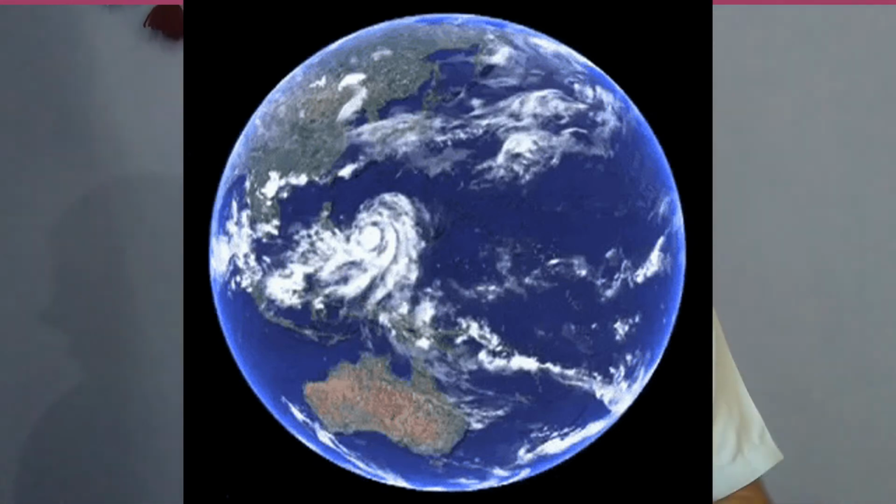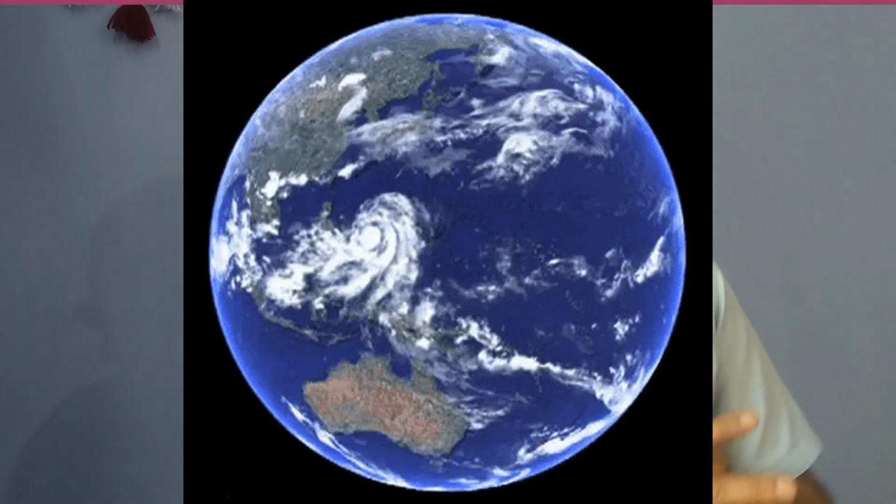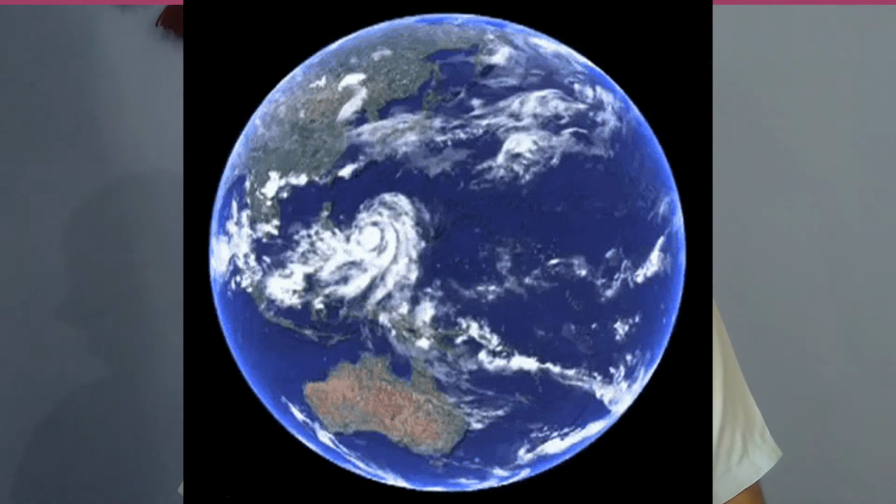These 24 hours carry 360 degrees, 180 degrees on the eastern side and 180 degrees on the western side. So the 360 degree rotation is covered in 24 hours. It means 1 degree of longitude is covered in 4 minutes.